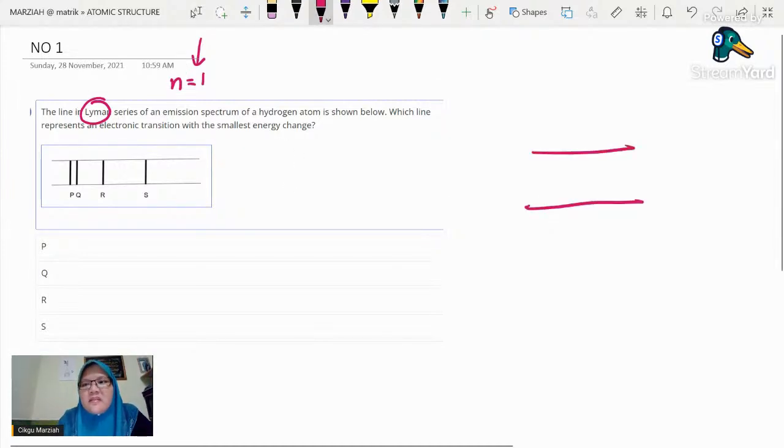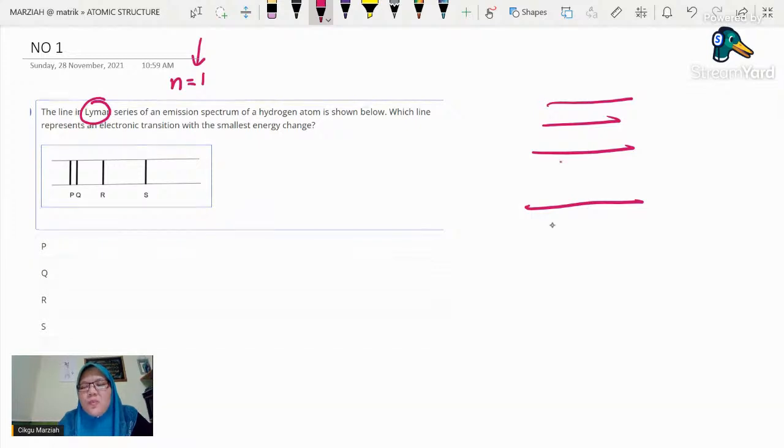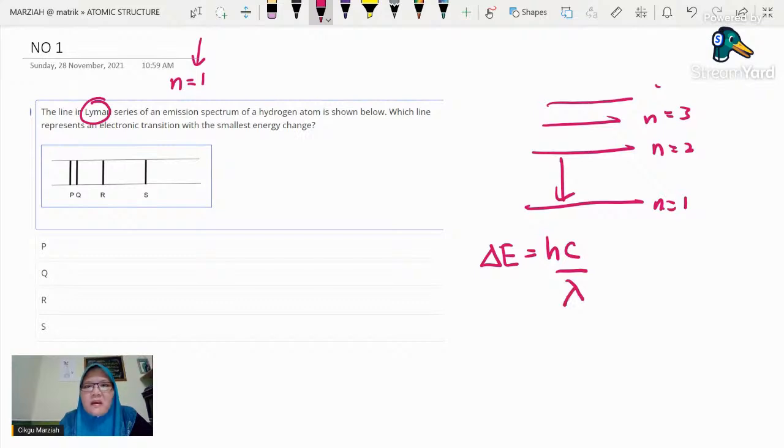So this is the energy level. Let's say this is n equal to 1, n equal to 2, n equal to 3, and so on. So this transition from n equal to 2 to n equal to 1 required less energy. So delta E is equal to hc over lambda. The smallest energy, the highest lambda.